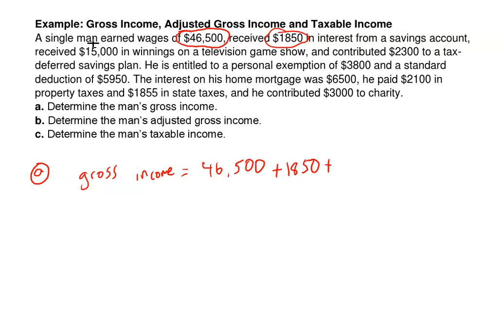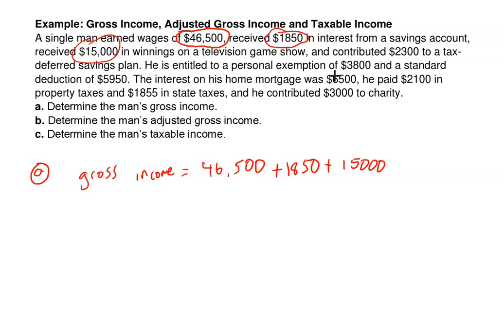Plus $15,000 from winning money on a television game show, which again, in reality, would probably be taxed in a different way. We wouldn't include that as part of the gross income. That would be a separate category that's taxed at a different rate. But in the interest of simplicity, we're just going to include it as regular income.